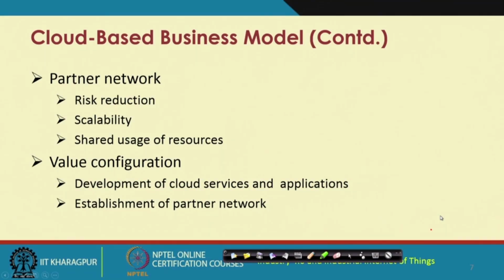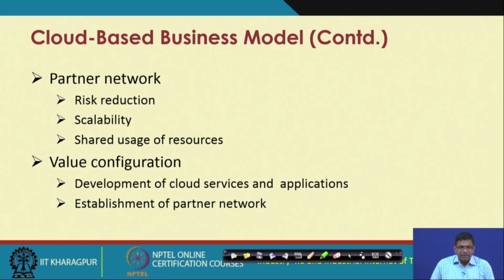So, then we have in the cloud based service models different aspects. For example, the partner network. This is very important. The partner network should be considered in such a way that the model is scalable, it reduces the risks, and the different resources are shared properly across the different stakeholders, including the different partners.